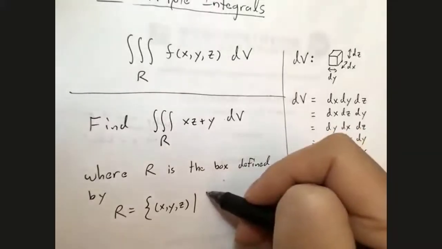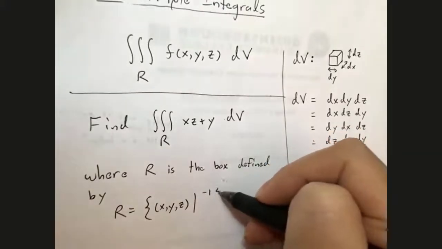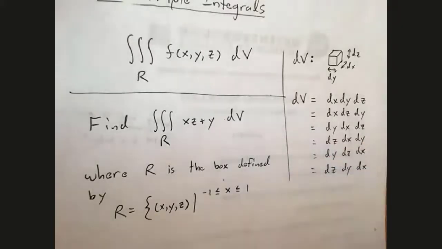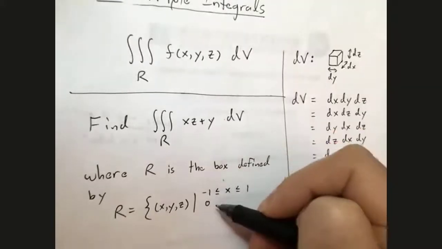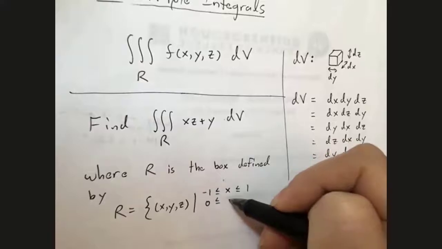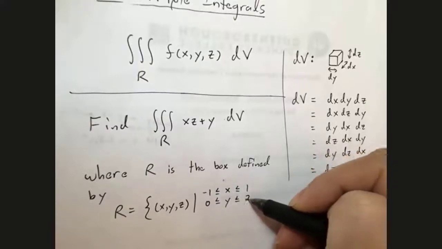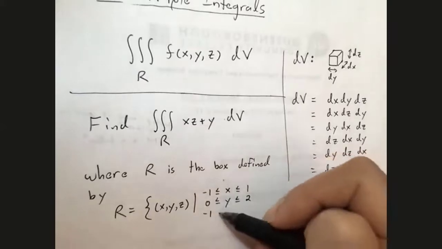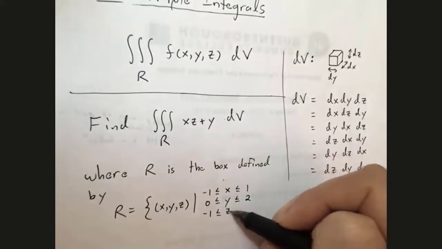So x is going to be between -1 and 1. Y is going to be between 0 and 2. And z is going to be between -1 and 2.